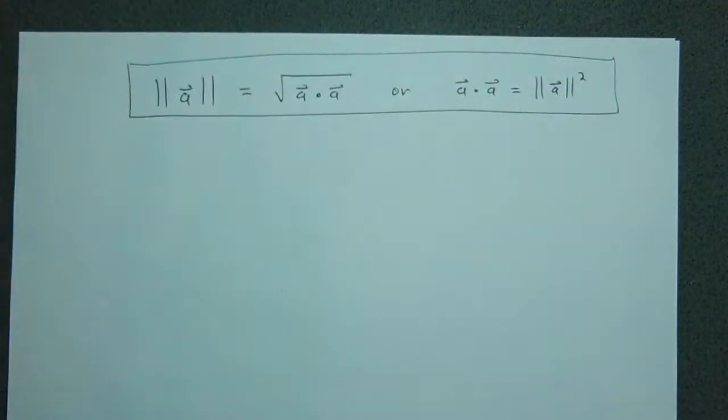Now, this might just seem like a funny way of seeing a relationship between these two things, but actually, it's not. This is what gives length. The dot product is the thing that gives length.